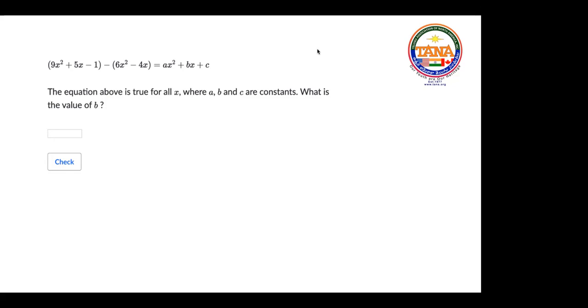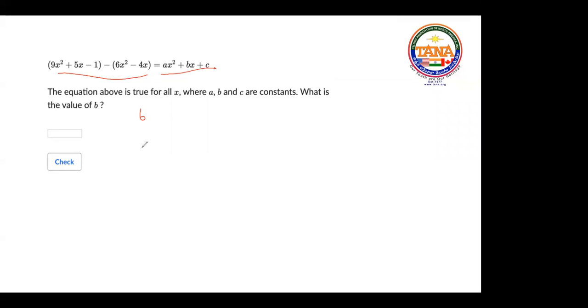All right, so for this question, we want to find B. First thing we do is subtract the two polynomials, so this becomes similar to that.